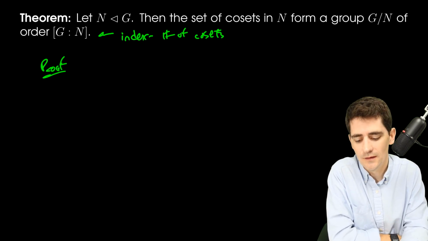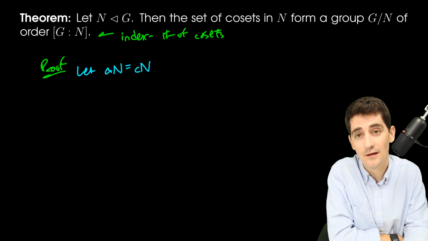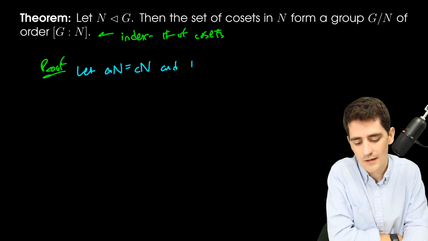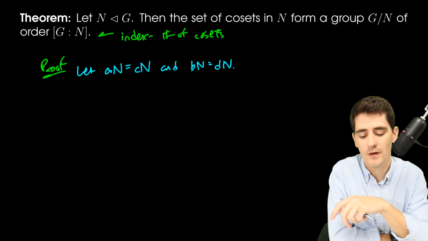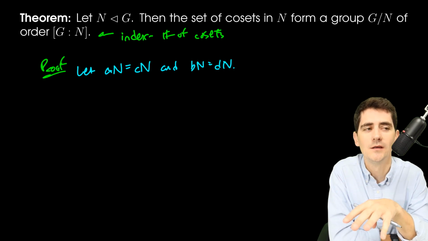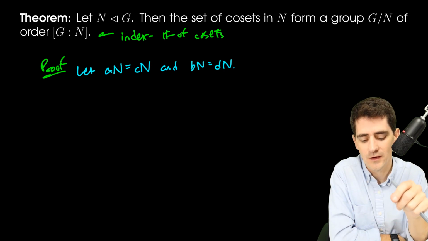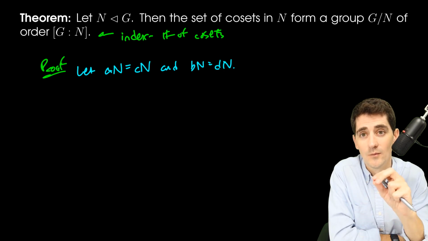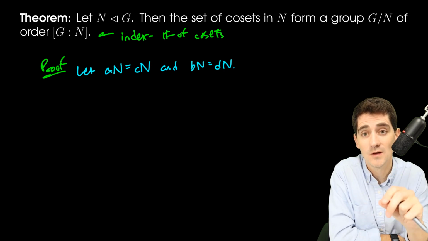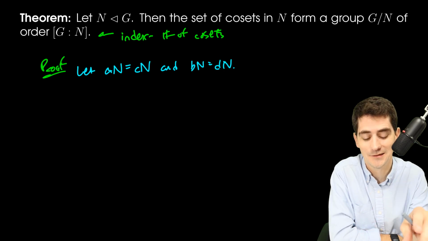So we're going to take 2 cosets to be equivalent. Let's let aN = cN and bN = dN. All right, so we have 2 pairs of equivalent objects. What I want to make sure is that if I multiply a and b, do I get the same thing as if I multiply c and d? So if I take the box aN, multiply it by the box bN, is that the same as the box cN times the box dN?